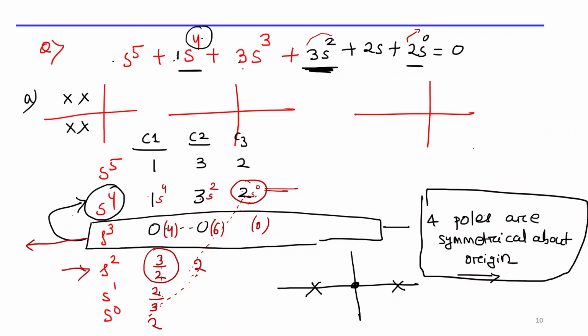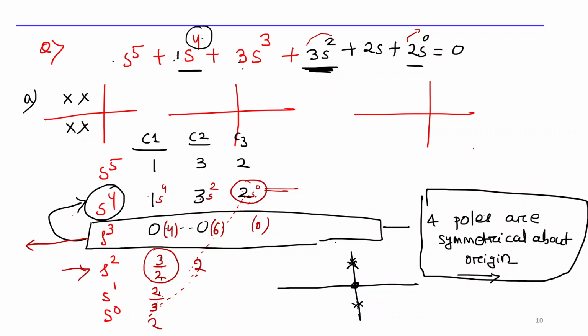Yes, sir. So can I make the four poles symmetrical about origin by placing them on the imaginary axis? Right? So now it is symmetrical about origin, right? Here I am just placing all these poles on the same location. Okay, these are on the same location.